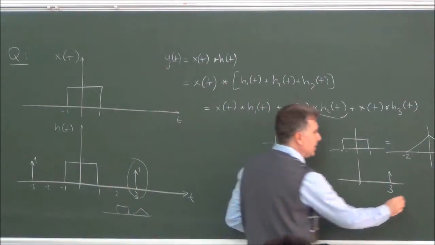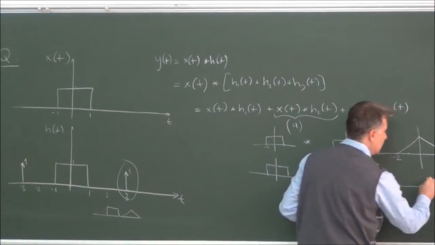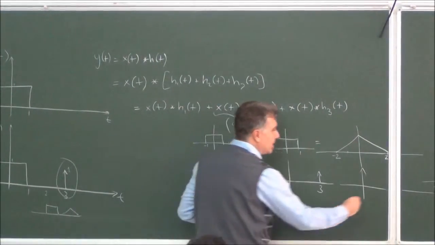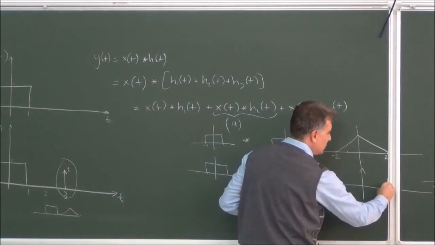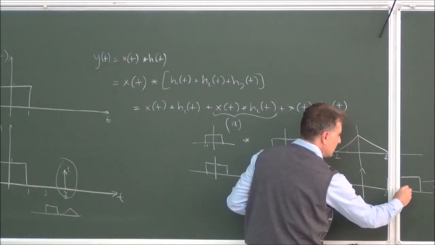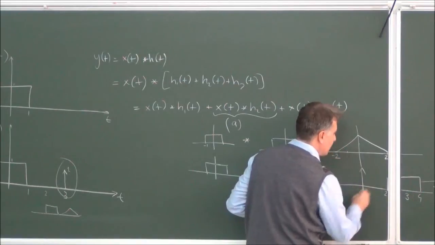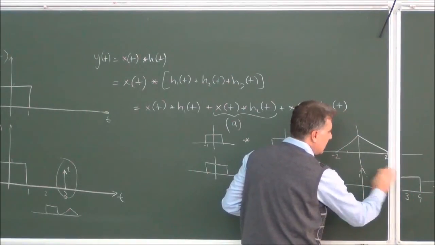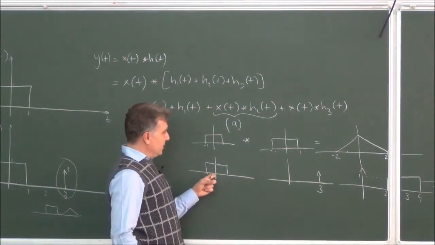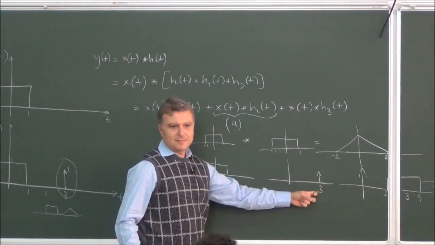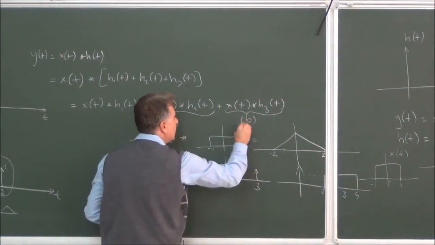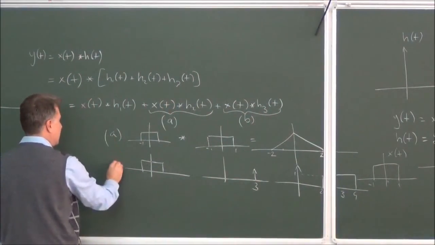The result will be the shifted version of this rectangle around 3, starting from 2. Sorry about this border. This is 2, this is 3, this is 4. So this rectangle is the convolution of this rectangle and this impulse, which is part B. This is A, this is B then.